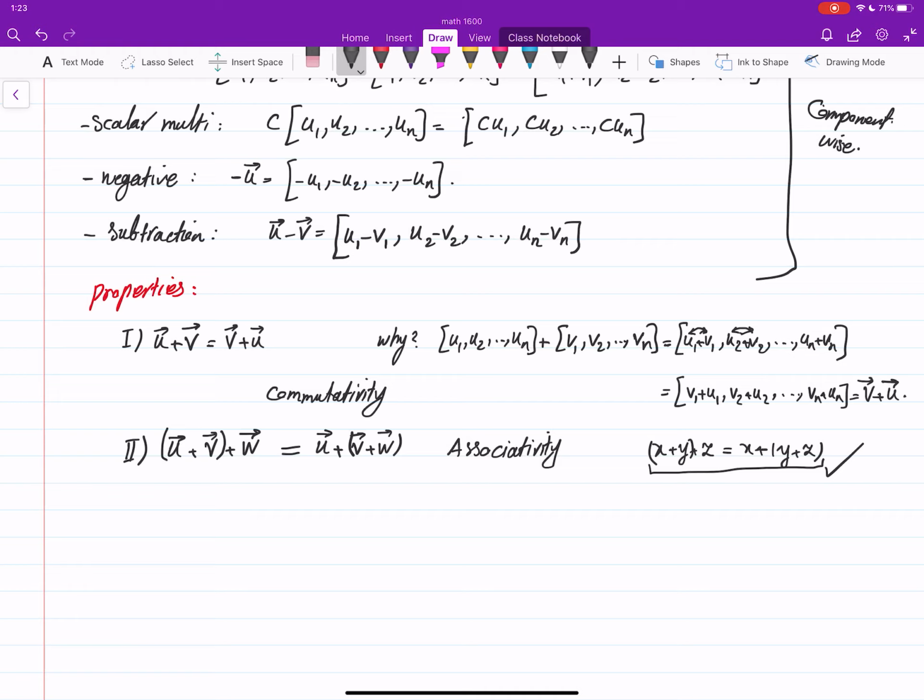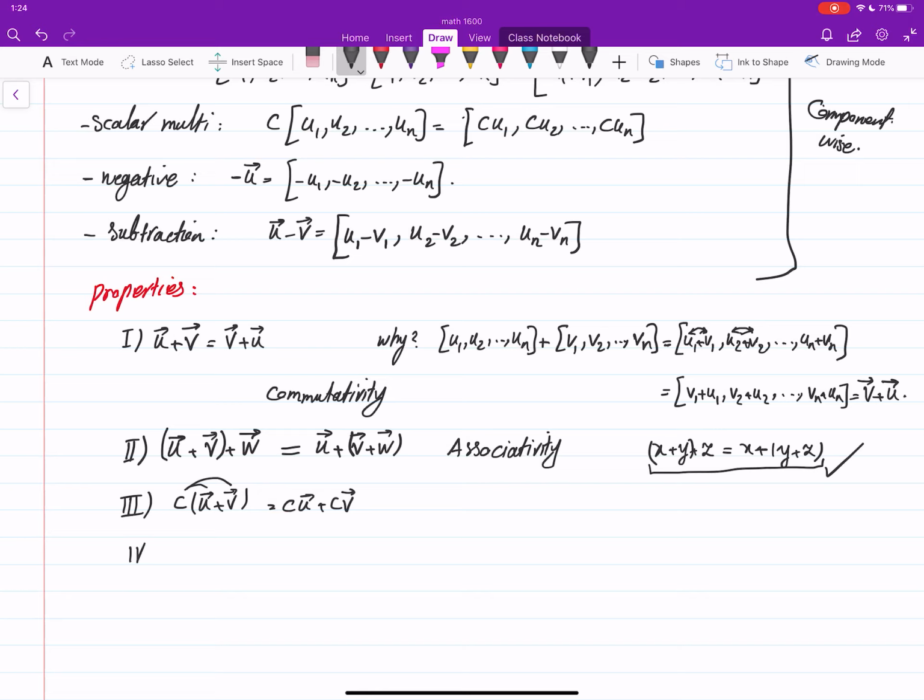What else? What other properties do we have? Well, for example, we have something about scalar multiplication and vectors. If I multiply c to u plus v, scalar multiplication distributes over the vector addition, so it will be cu plus cv.